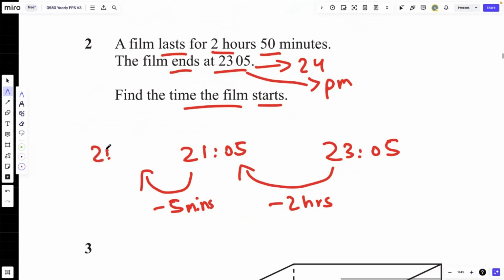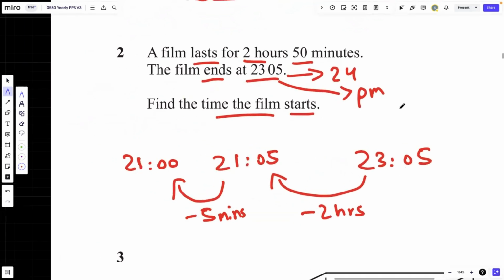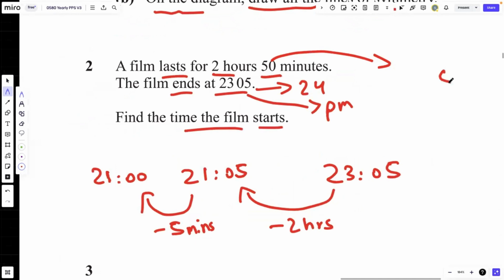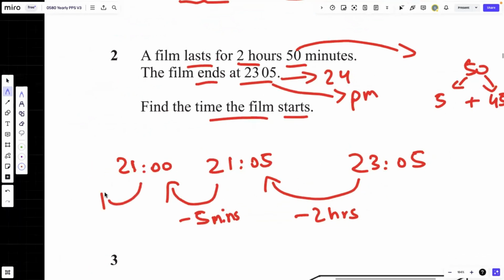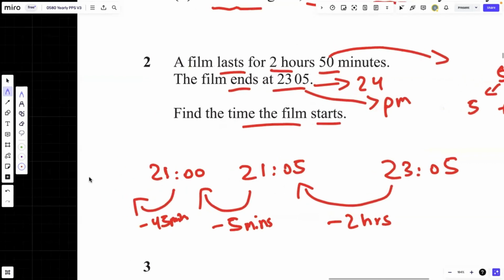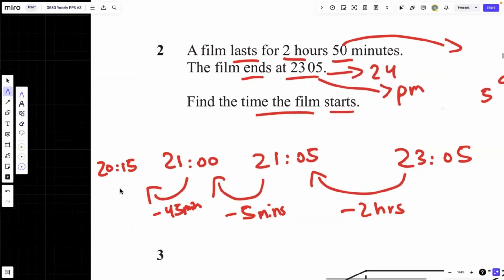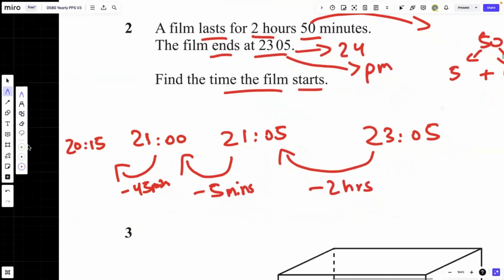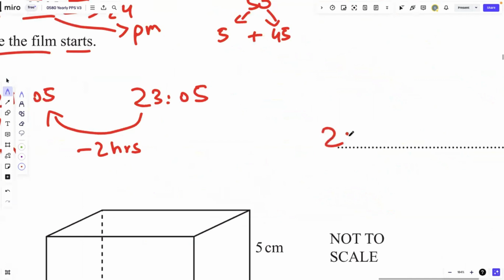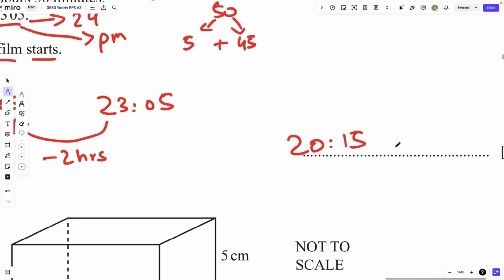Since we broke the 50 minutes into two parts, which is 5 minutes and 45, we'll have to go 45 minutes back more, and we'll be at 20:15. So that's 8:15 p.m. And that's the final answer. It's either 20:15, or if you write it in 12-hour format, it would be 8:15 p.m.